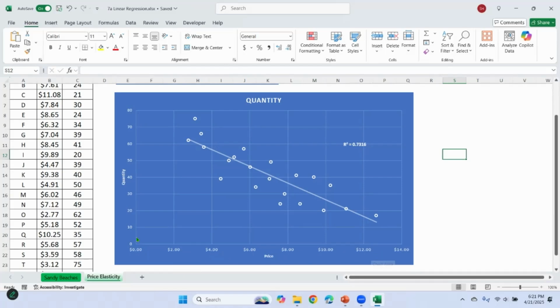It goes here, and the quantity goes like this. So what can you conclude from this one? How can you read this chart? See, plotting the chart is one thing, and interpreting the chart is a skill. Can someone interpret this chart and discuss?